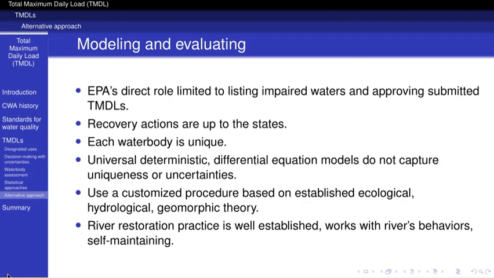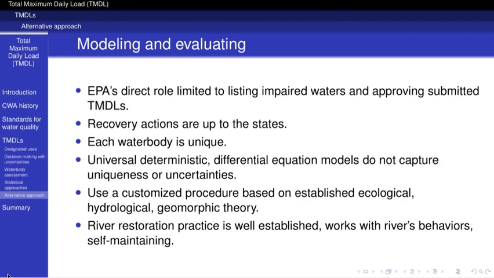Again, as an aquatic ecologist and fluviogeomorphologist with decades of experience, I've learned that each stream, drainage basin, and river network is unique. Applying fixed deterministic differential equation models that are supposed to fit all water bodies in the county or in the country will not yield useful results.